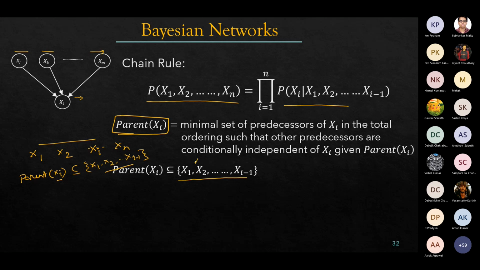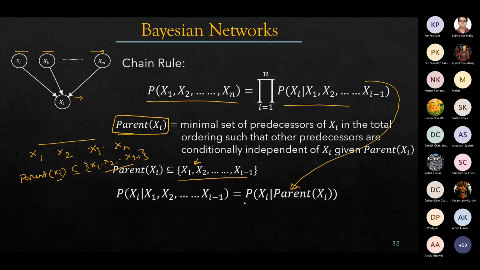Now, as we define the parent of xi to be a subset of this, we can rewrite this formula. Let me first rewrite this part and then rewrite the whole formula. This part can be rewritten as probability of xi given parent of xi, because I know that the other variables are conditionally independent of xi.